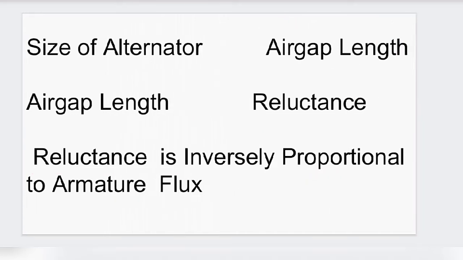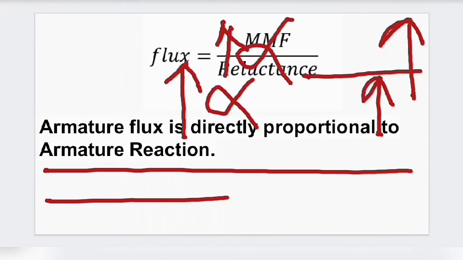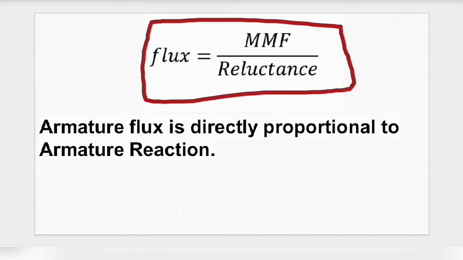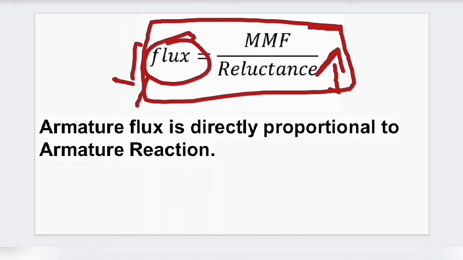Here we see this is the flux equals mmf upon reluctance. So when reluctance is increased, flux is decreased, and this flux is called the armature flux.